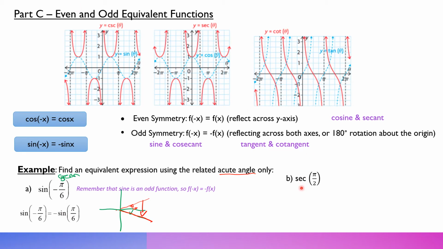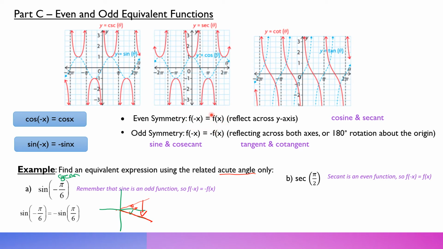Part B says secant of pi over 2, and the acute angle is already there. It's pi over 2. So how can I write secant of pi over 2 a different way? That's all it's saying. I want to express it a different way. Secant is an even function. Even function means that we can write it like this.